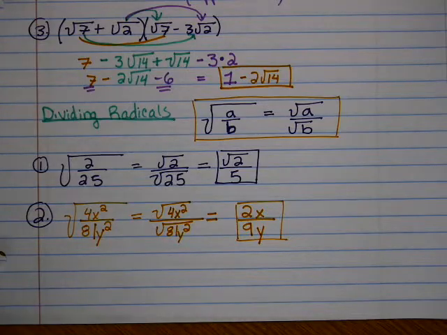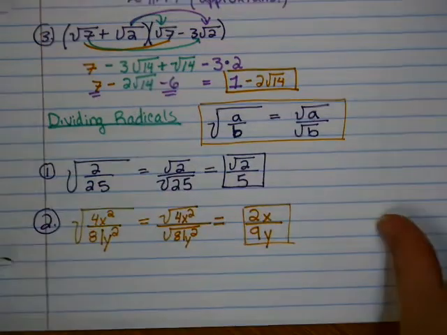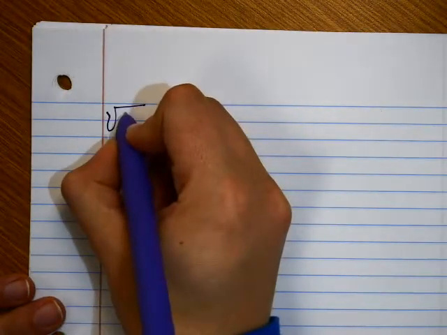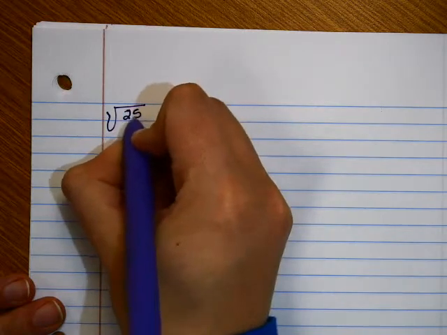Okay. Now what happens if, I'm gonna need some more paper here. What happens if I have something that looks like this? So we started with the square root of 2 over 25. What happens if I have the square root of 25 over 2?